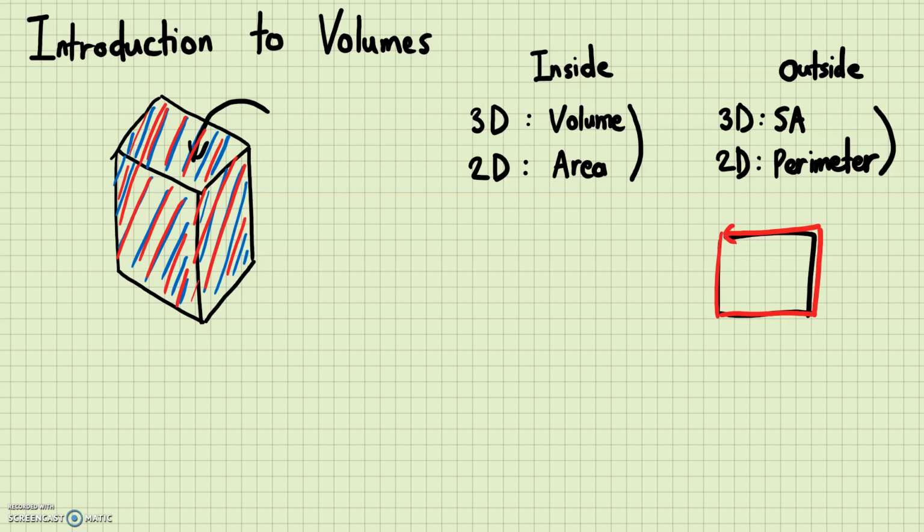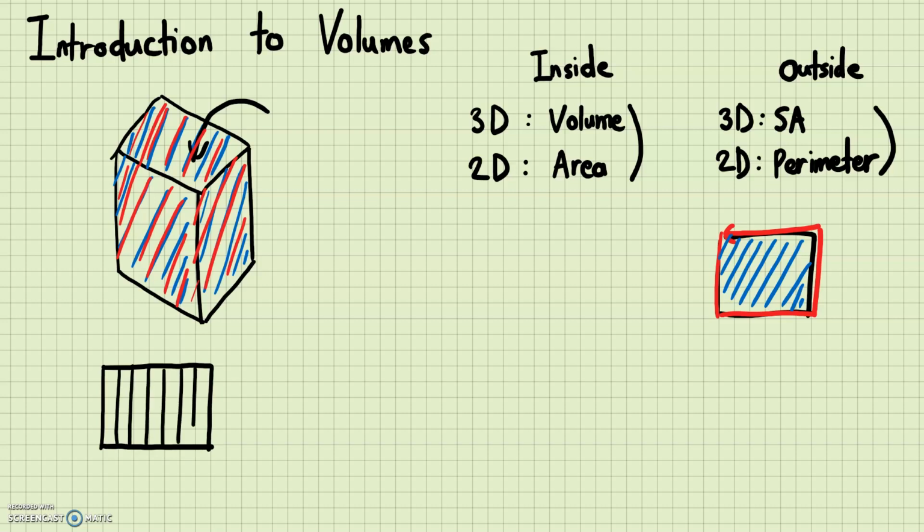So in two dimensions, we talked about area. How much space does this shape take? And in three dimensions, we can think of how much stuff you can put inside. Remember, in two dimensions, you pictured area like this: imagine it's divided up into squares. We have 1, 2, 3, 4, 5 squares this way, and 1, 2, 3, 4, 5, 6, 7 squares this way.